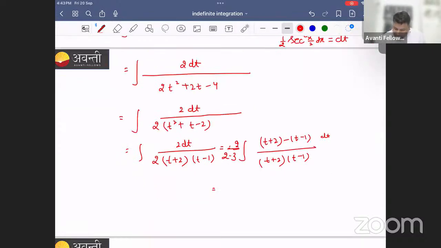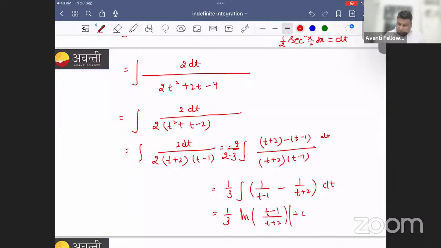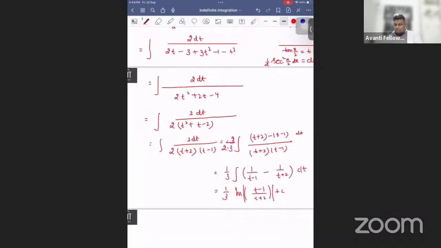So it is 1 by 3 integration 1 upon t minus 1 minus 1 upon t plus 2 dt. So this will be 1 by 3 ln of t minus 1 upon t plus 2 plus constant. You may take mod of it. And then replace t as tan x by 2. Just have a look at the entire question.